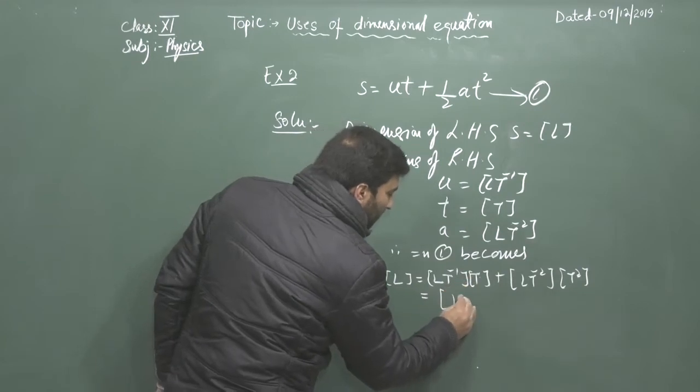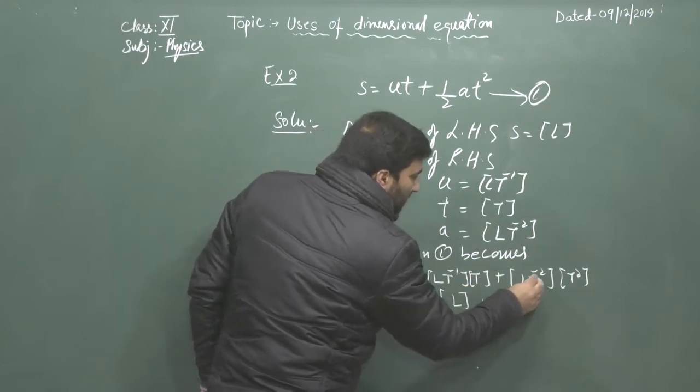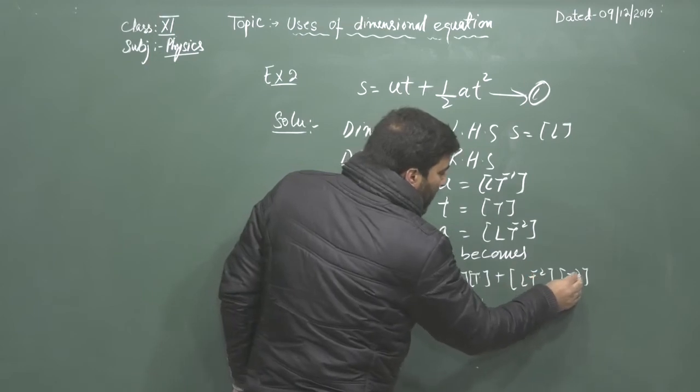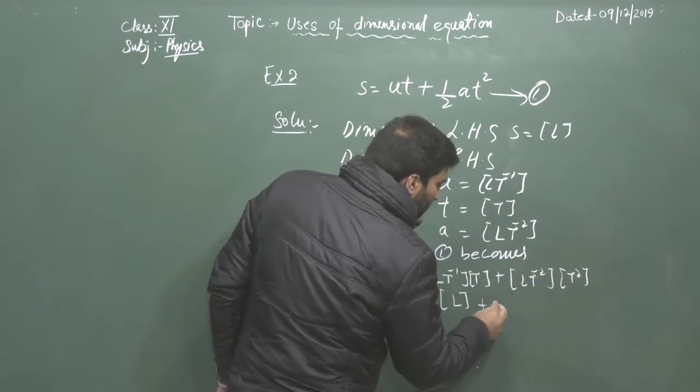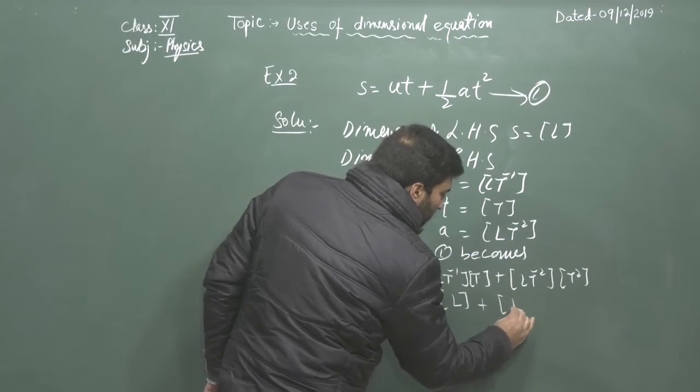We have L plus this t square and this t square inverse, the t square will go. We will be left with L.